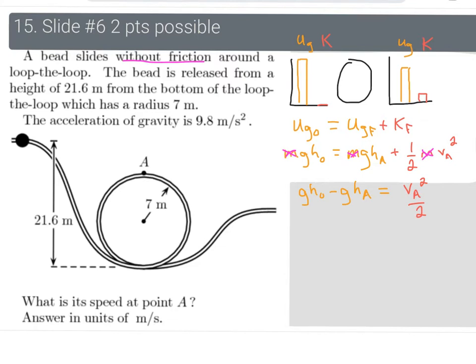Alright, let's do just a few final steps to clean that up. So we can go ahead and pull the G out. And then we have the original height minus the height at A. Our 2 on the right side that we're dividing by, let's go ahead and multiply that on both sides.